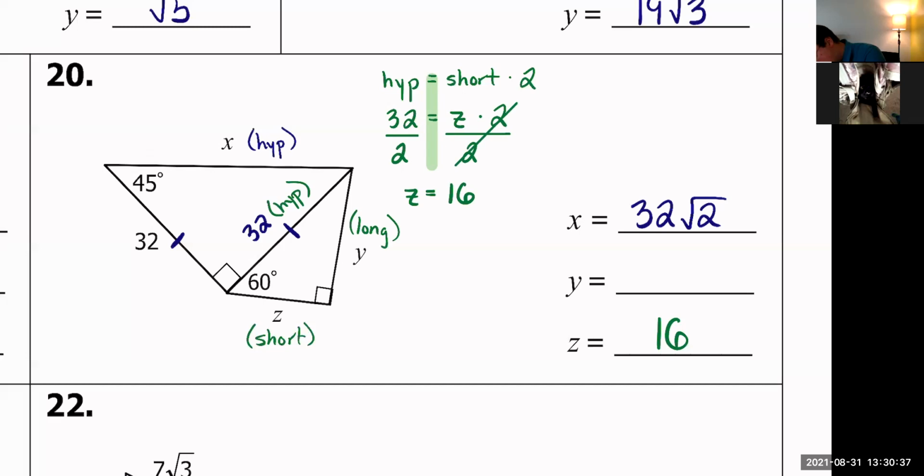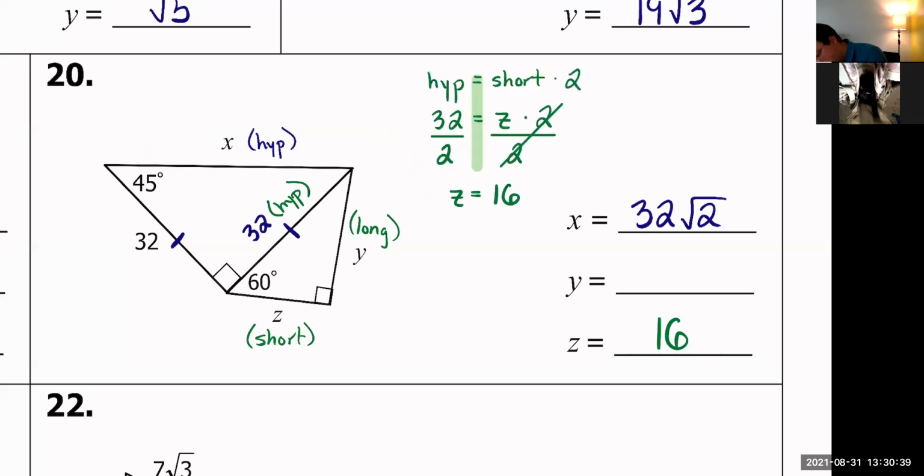Then all that's left is the long leg. The long leg is always the short leg times the square root of 3. So 16 times the square root of 3. That one's done.